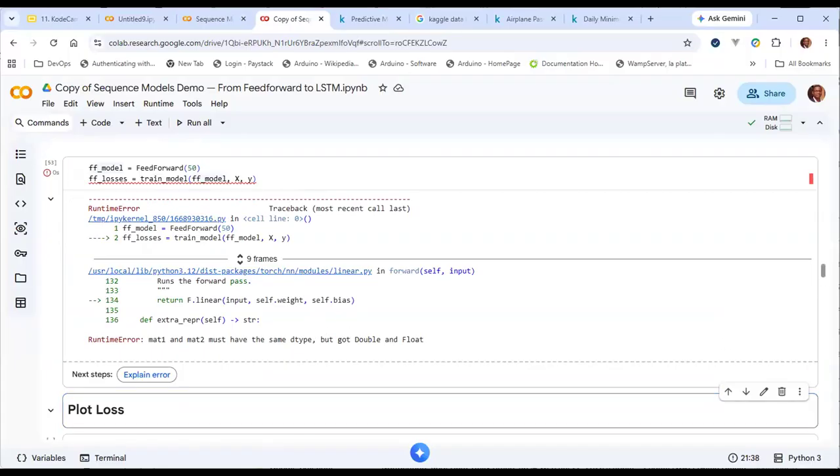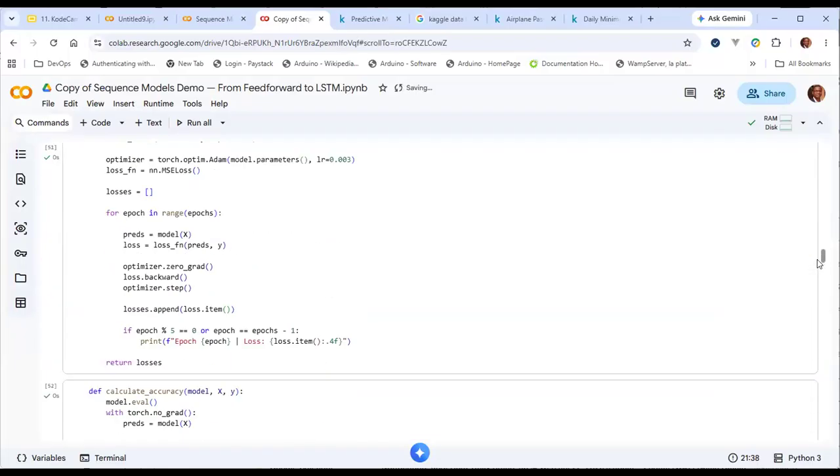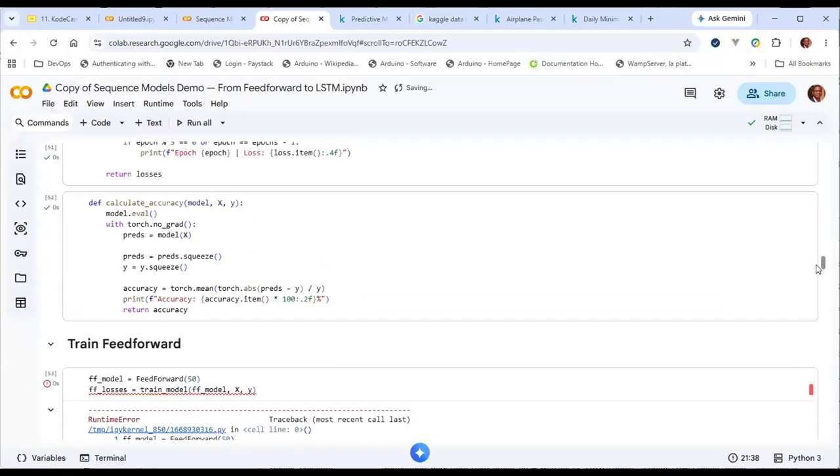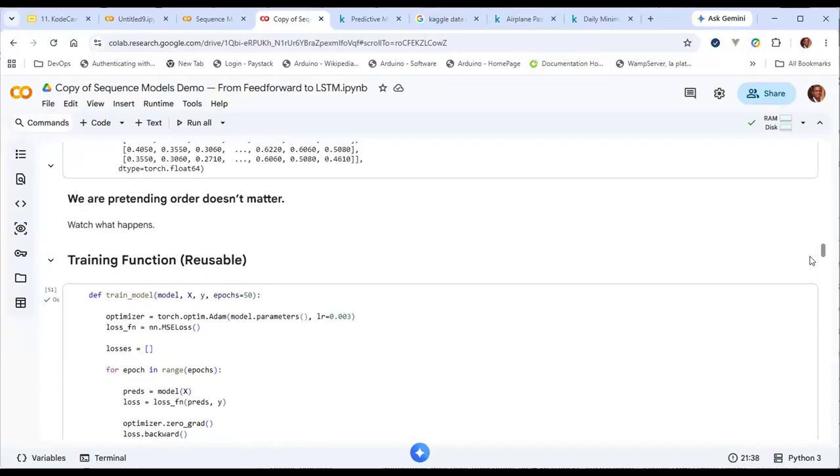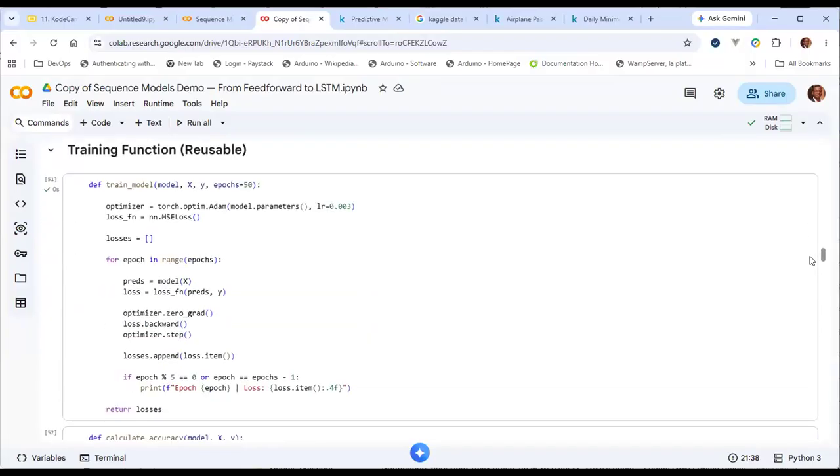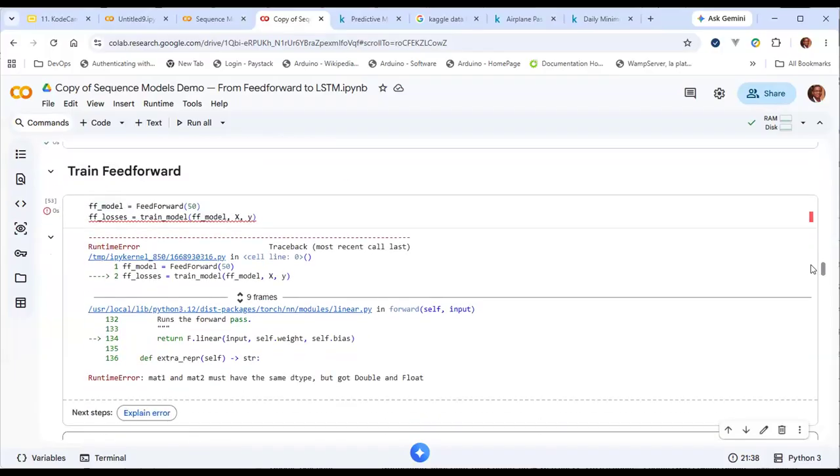I already specified my own numbers as float, so I'm surprised that we're having double. I don't know where double came from.